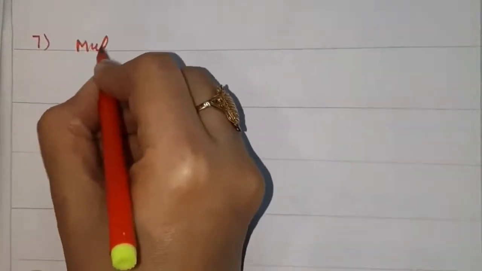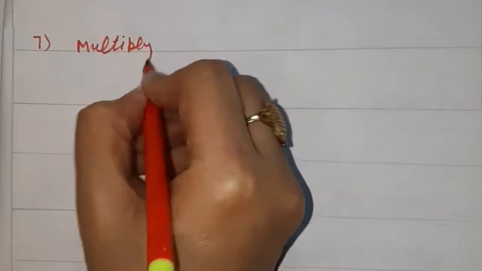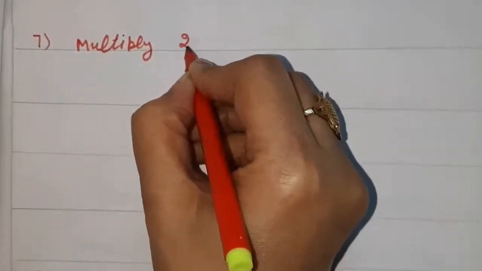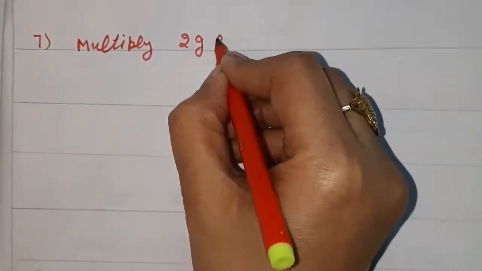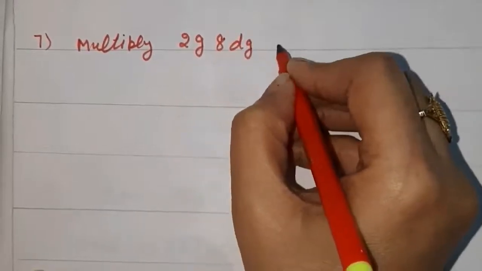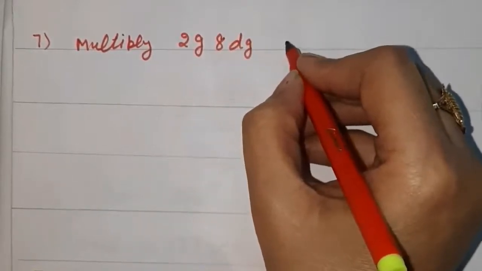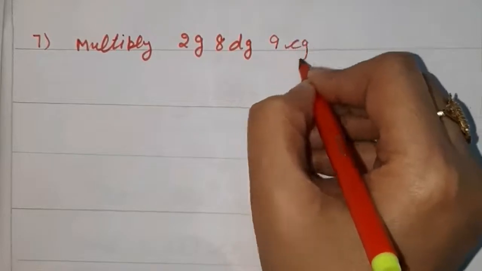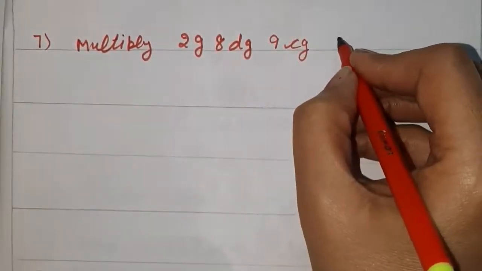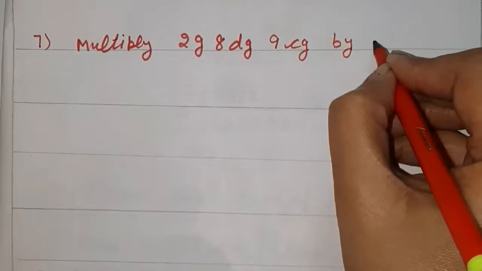Now we will do multiplication and division of metric system. Okay, question number 7. Multiply 2 gram, 8 decigram, 9 centigram by 9.